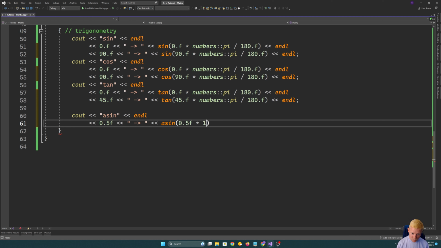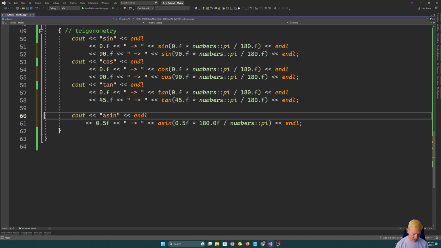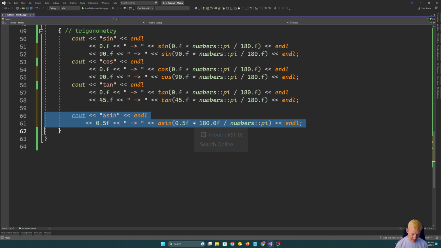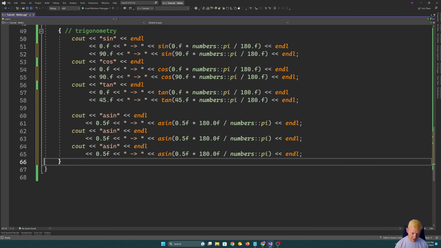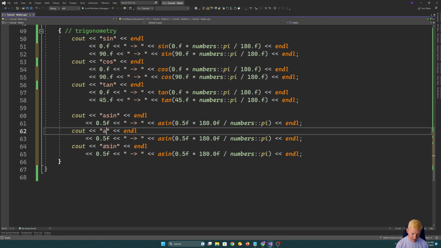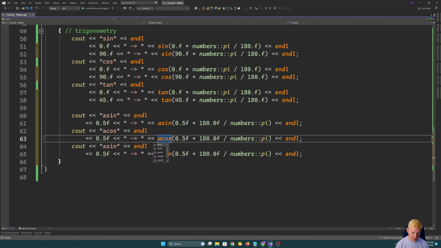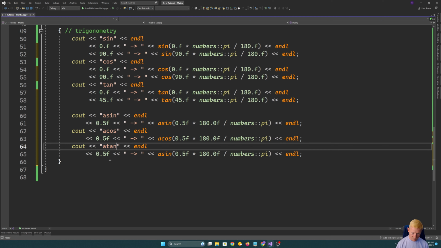I would multiply it by 180 and then divide that by pi. Now we can do a similar thing with acos. So we have acos, and we also have atan.